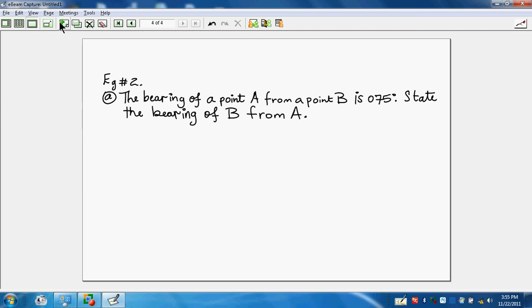Do we put down A and draw north and then measure the angle, or do we put down B? It's right here in the statement of the question, because they said the bearing of a point A from a point B. So this is what tells us where we will start our drawing from. The word from a point B. So we're going to start from B.